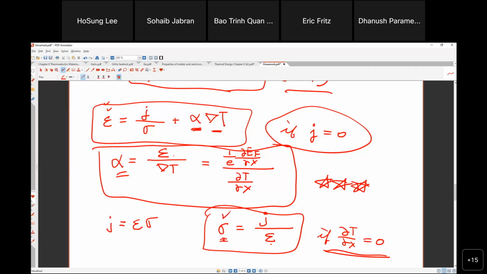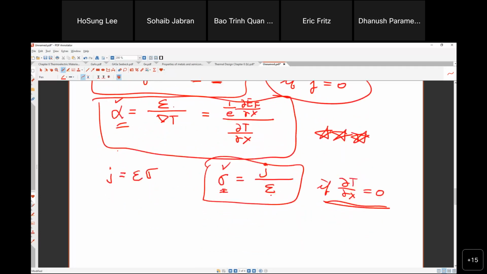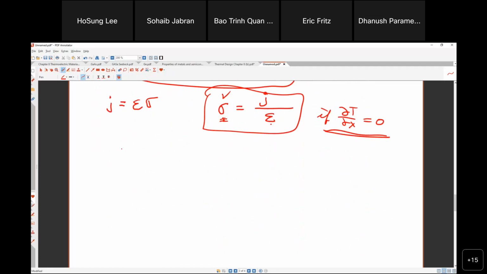So we will figure out the electrical conductivity and the Seebeck coefficient today. And also KE. We're going to figure out KE later. But the K over L is next week.